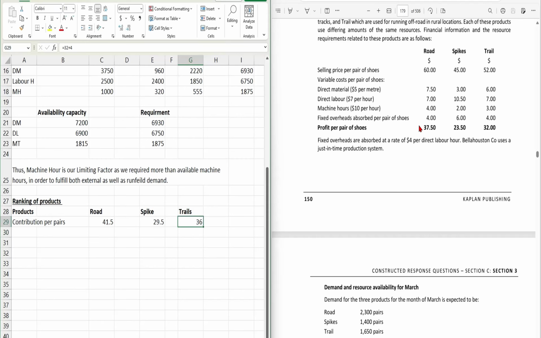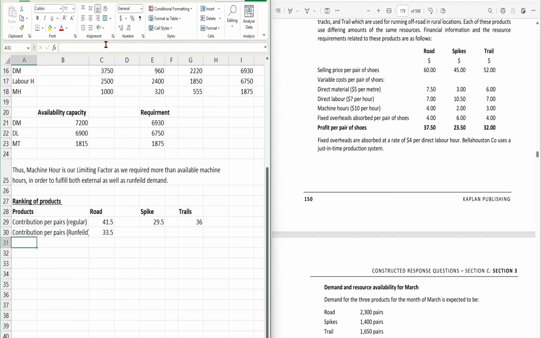Okay, so these are the contribution per pair for our regular, normal demand, which does not include the Runfield one. Now if we talk about the Runfield, there will be a separate contribution. Why? Because we are offering the discount to the Runfield, that is 8.